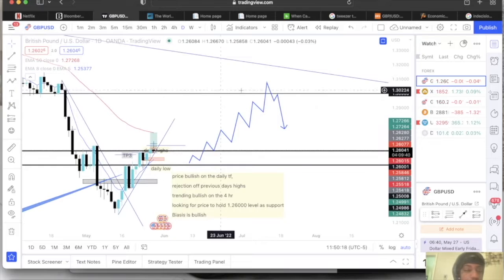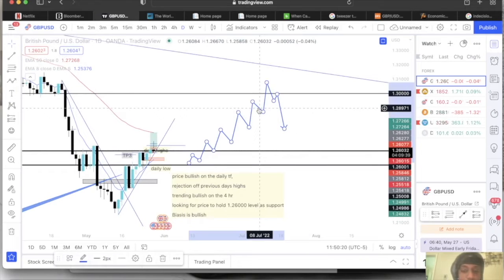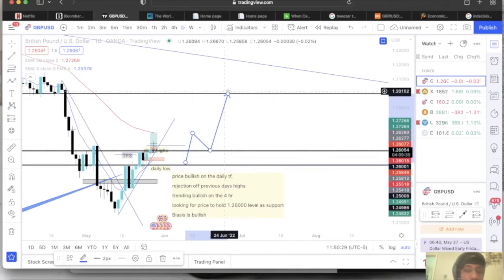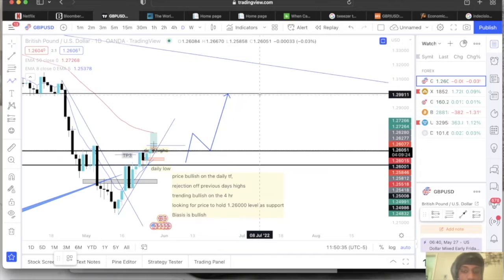But yeah, so you trade off support and resistance. When price violates support, it is going to resistance, and when price gets to resistance, either it breaks above, retests and keeps going with the uptrend, or it breaks below, makes a lower high and trends down.